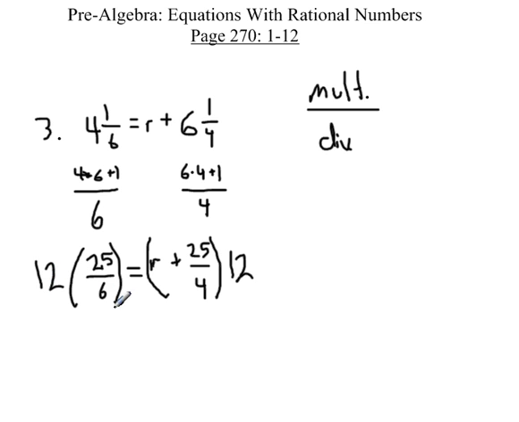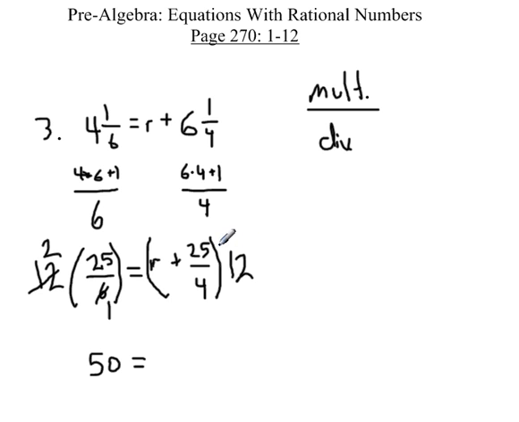What I'm doing is a quick division problem. And since my larger number is a whole number, I'm going to go ahead and put that remainder on top. 12 divided by 6 is 2, and 2 times 25 is 50. And that's far simpler than doing 12 times 25 and then dividing that answer by 6.